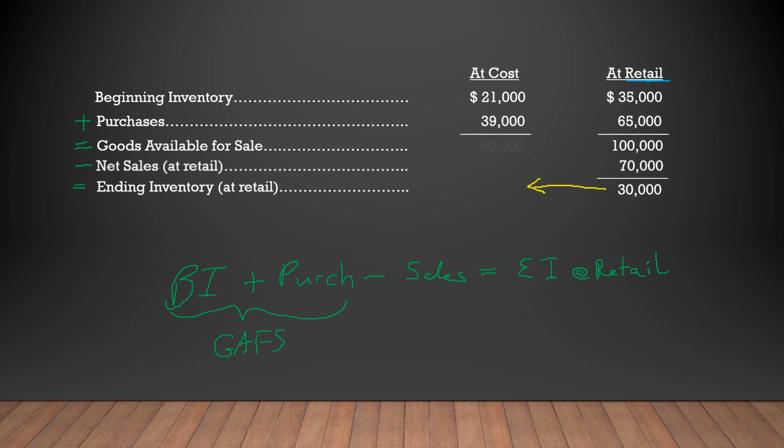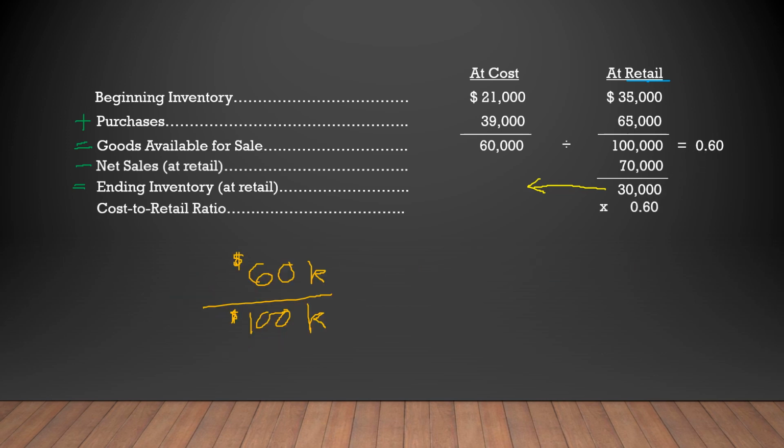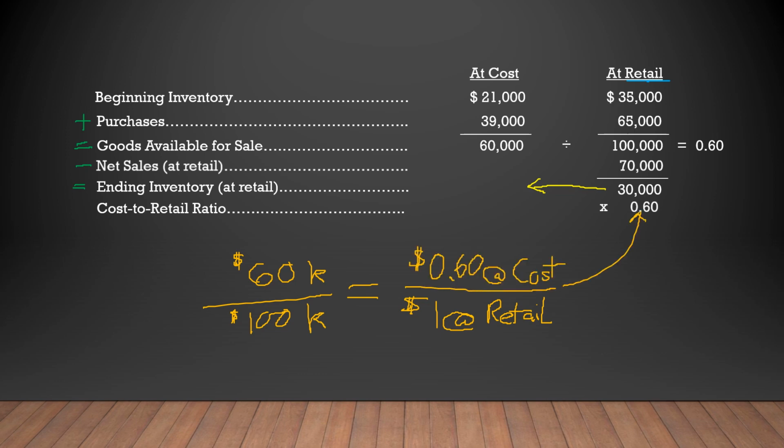We sum our goods available for sale at cost, then divide this amount by goods available for sale at retail. This quotient is our cost to retail ratio. For every $1 at retail, we have 60 cents at cost. Multiply this cost to retail ratio by ending inventory at retail, and we arrive at ending inventory at cost.